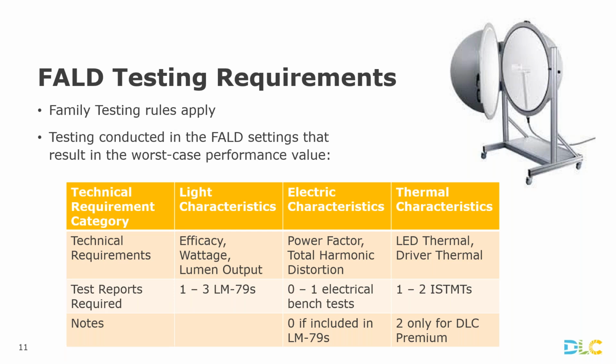The worst case value for efficacy, wattage, and lumen output might all coincide in one light distribution setting, in which case one LM79 test is appropriate. In certain cases, they could happen at 3 different light distribution settings, and in that case, you would need 3 LM79s.